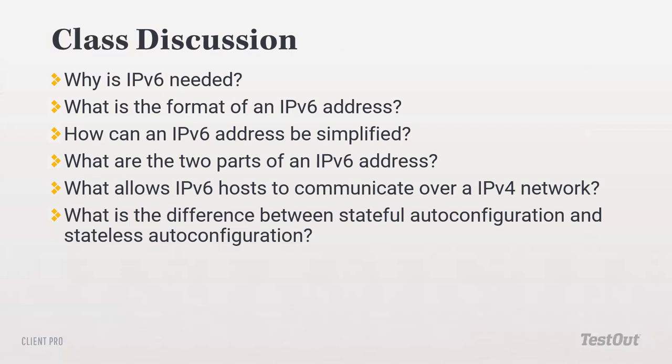Okay, so remember hexadecimal is 4 bits, so 1, 2, 3, 4 in each group. So that's where your 16 and then 8 groups times 16, that's your 128 right there.